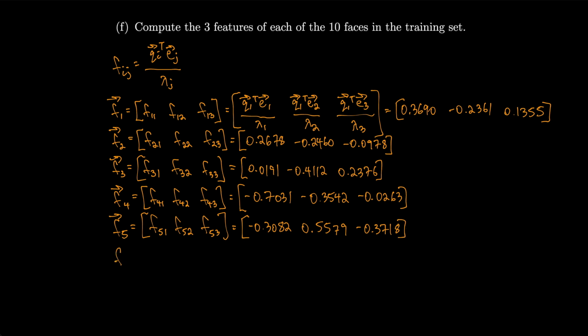F6 is F61, F62, F63, given by 0.1381, 0.0866, negative 0.1203.